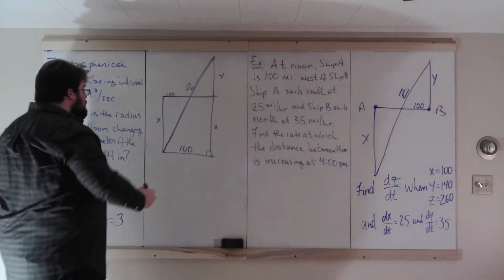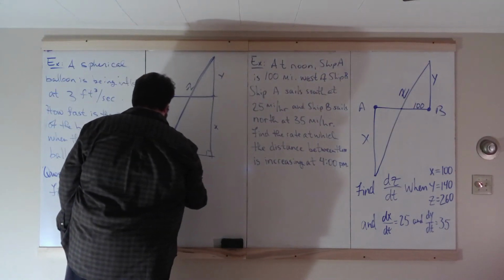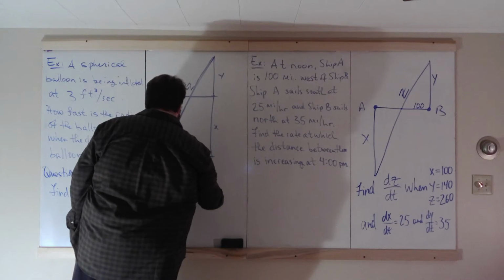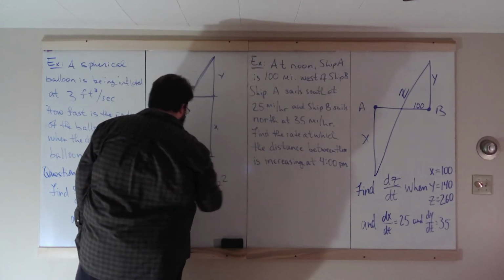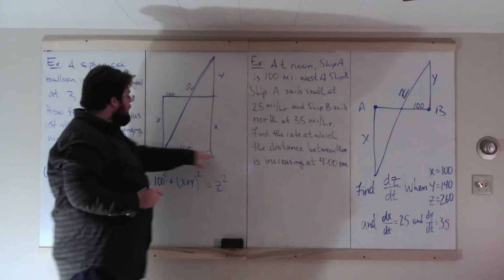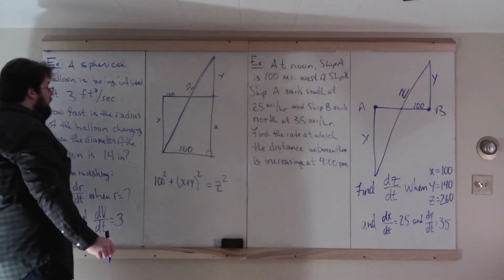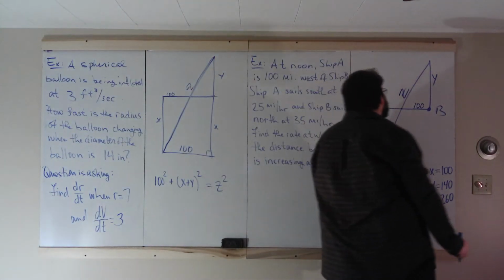So now we get our equation. 100 squared plus (x plus y) squared equals z squared. And we did that by adding a couple lines, I guess I should say.